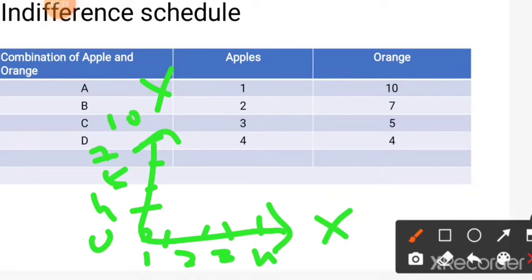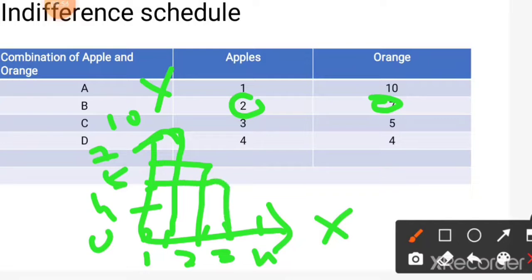Okay, so students, for 1 apple initially you are having 10 oranges. When you have given 3 oranges to your friend, only 7 oranges are left with you. So at that time 7 oranges and 2 apples, 7 and 2. Next 5 and 3, 5 and 3. Next 4 and 4.